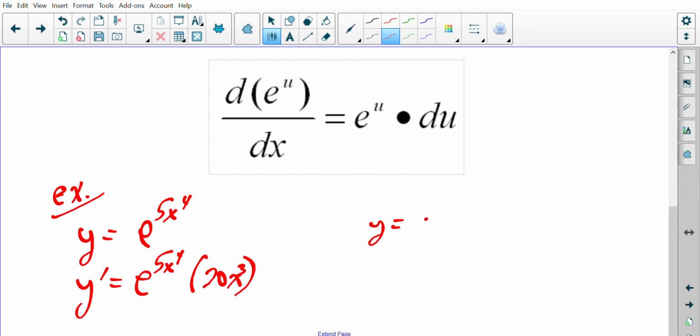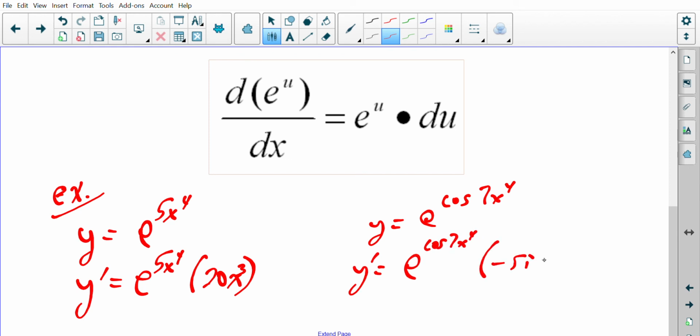Y equals e to the cosine 7x to the 4th. Y prime is e to the u multiplied by the derivative of u. Should be negative sine 7x to the 4th times the derivative of that, which would be 28x cubed.